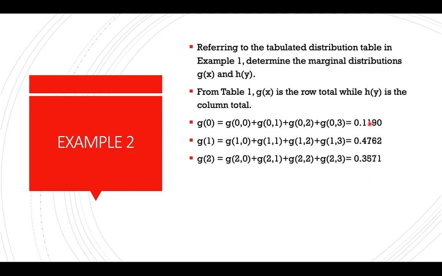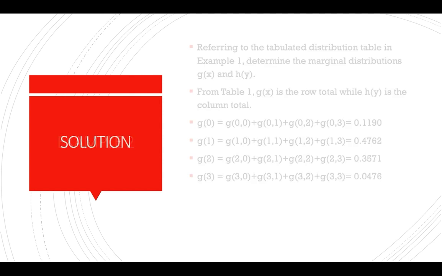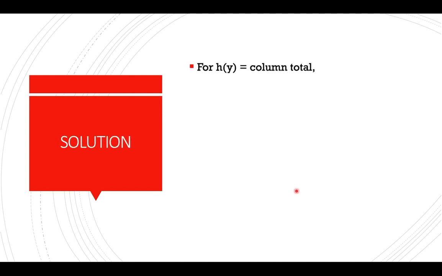So for g of x, we have g of 0, g of 1. Take note that we fix the value of x and then take all the possible values of y, for g of 0, g of 1, g of 2, g of 3. And in a similar manner, h of y will be the column total.